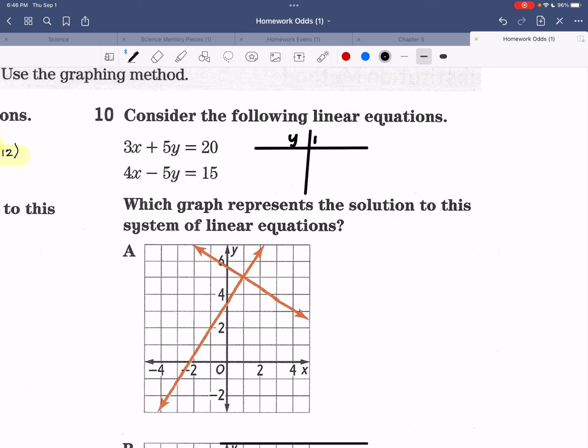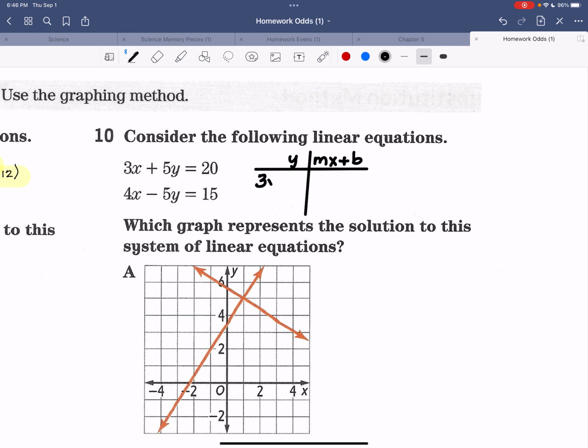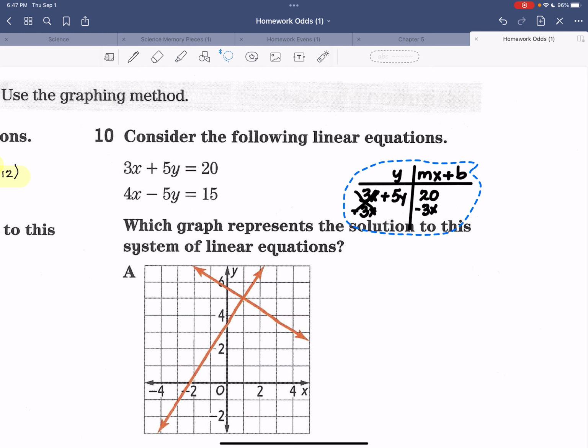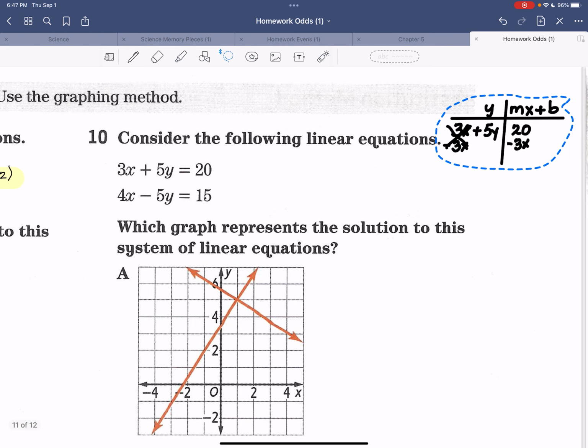Did I have to do slope-intercept? I did. All right, so we have 3x plus 5y is 20. So I'm going to move my 3x to both sides and cancel. So I'm left with, again, not enough room. Let's bring him right here.